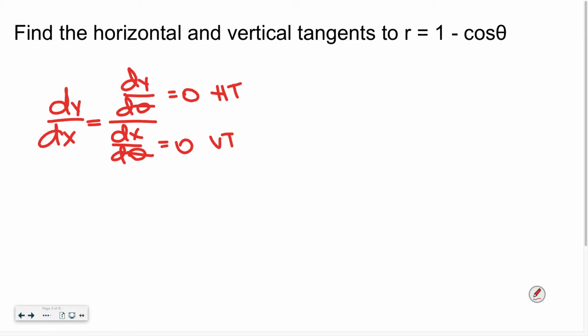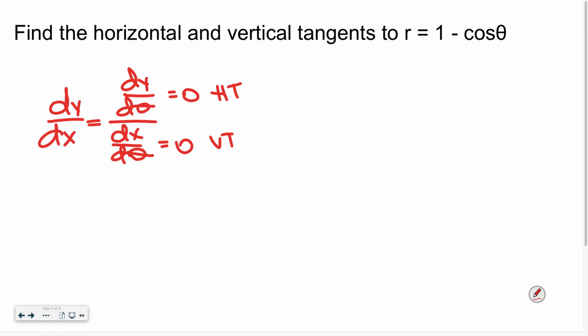Now, ladies and gentlemen, r equals 1 minus cosine theta. What is that? A cardioid.